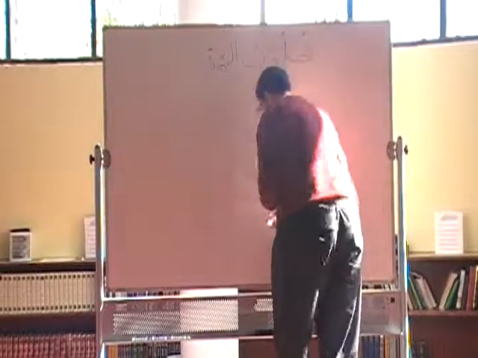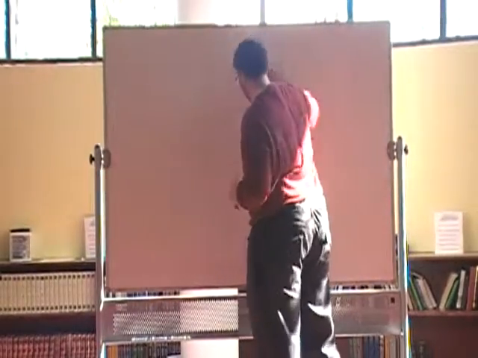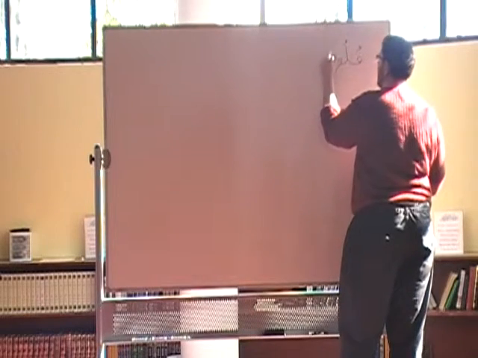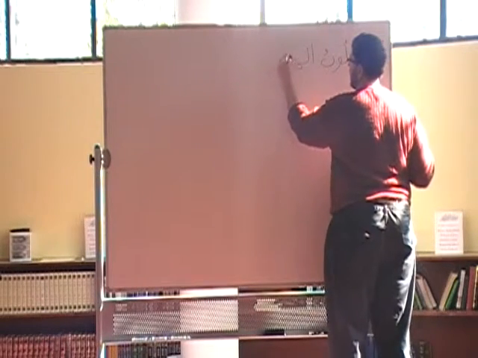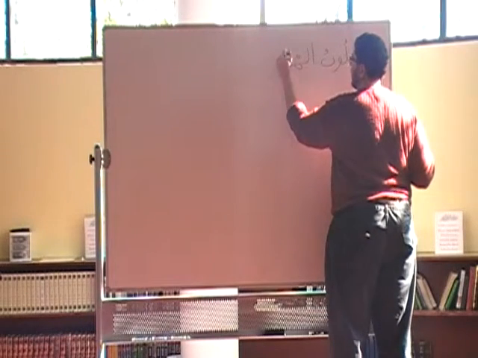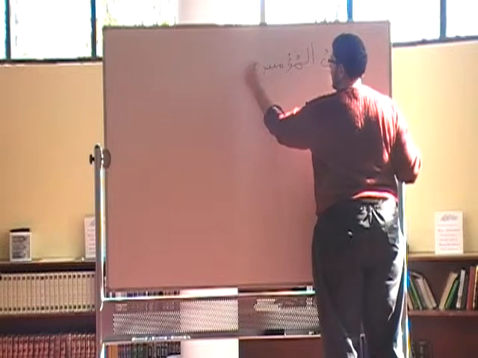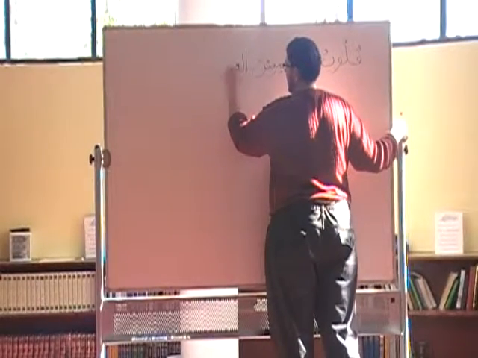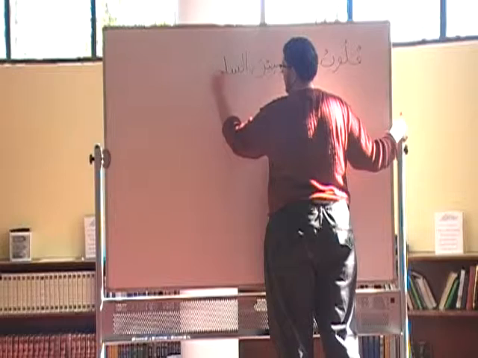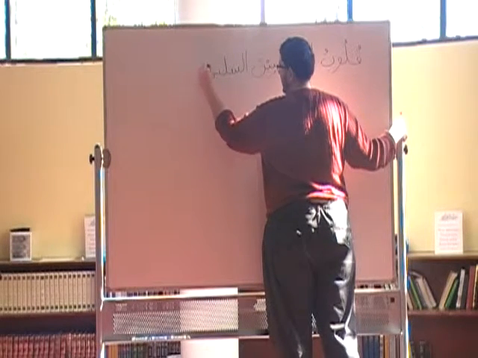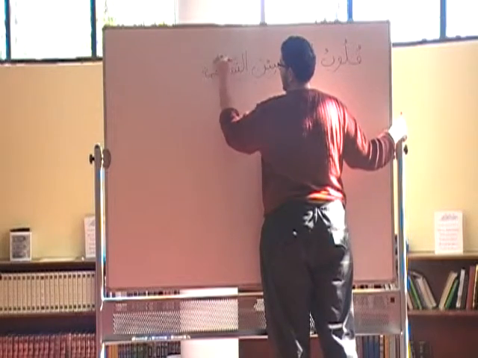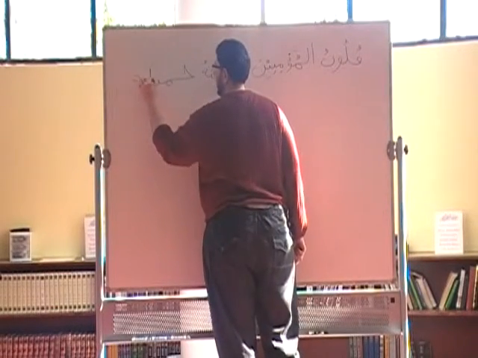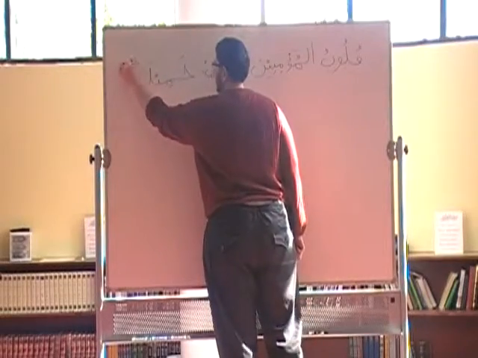I should make it smaller. قلوب is a capital word. قلوب المؤمنين السليمة. السليمة جميلة. Excellent.